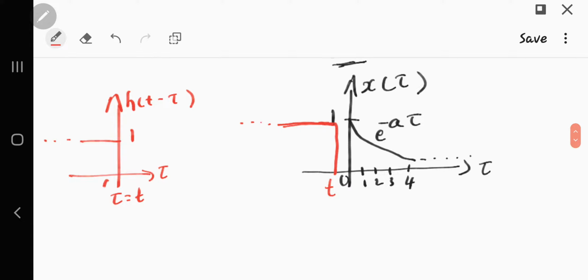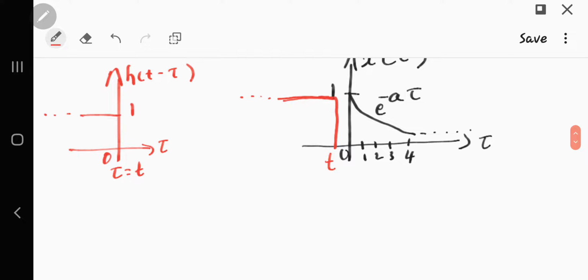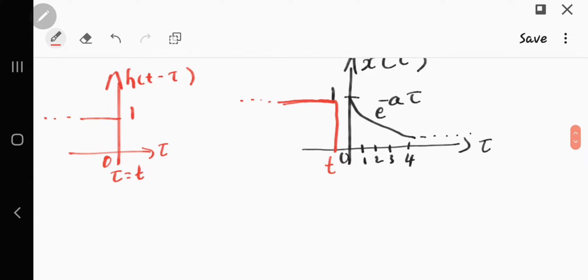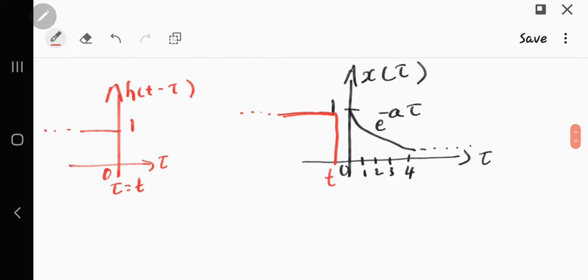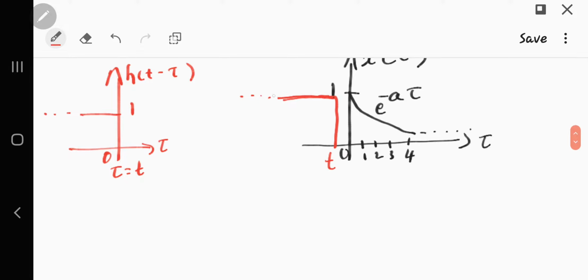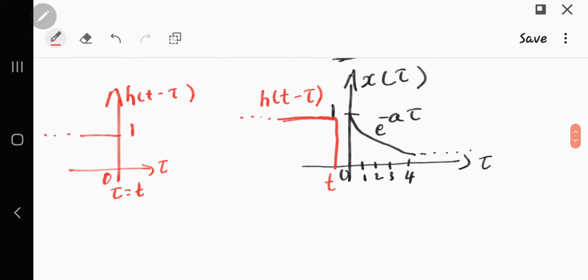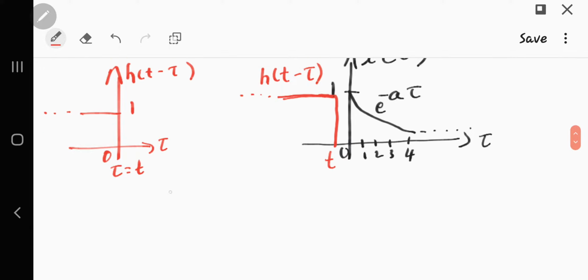Now this signal I have kept somewhere here which is less than 0. How do you define this case? The condition is, you can see there is no overlapping. That means this red signal, the h of t minus tau, is not yet overlapped on x of tau because I have placed this point less than 0. So this case is for t less than 0.